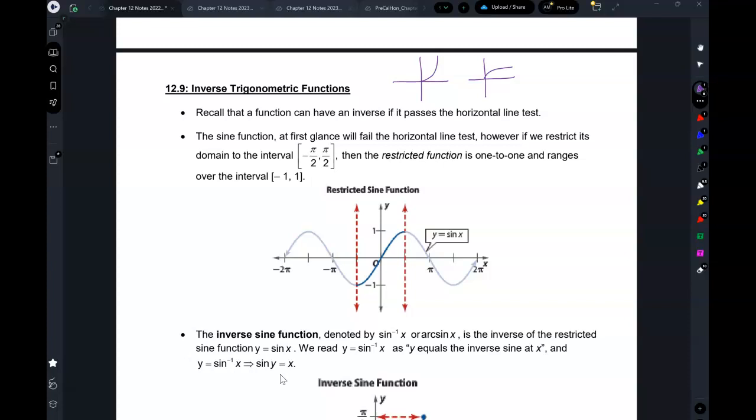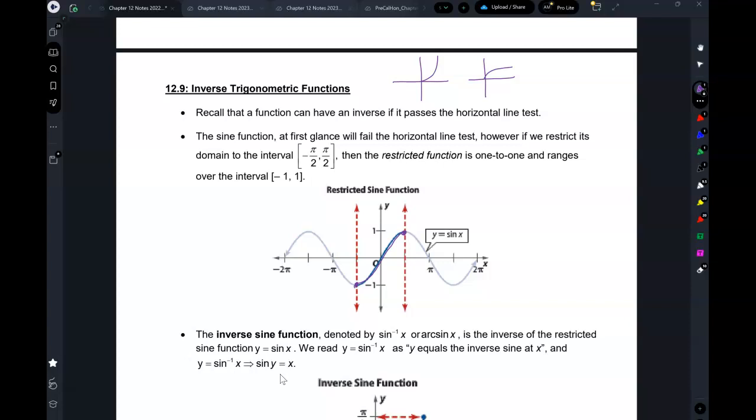And for the sine, it could be any portion really, but what we do is we take this portion, around the origin. If we just center on that part, it does pass the horizontal line test, and we will be able to find the inverse for it.